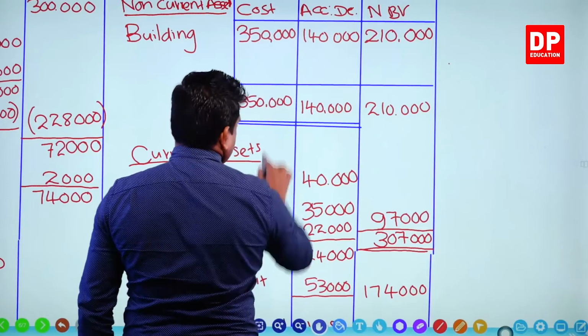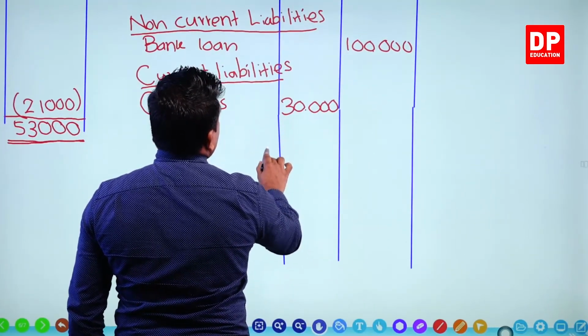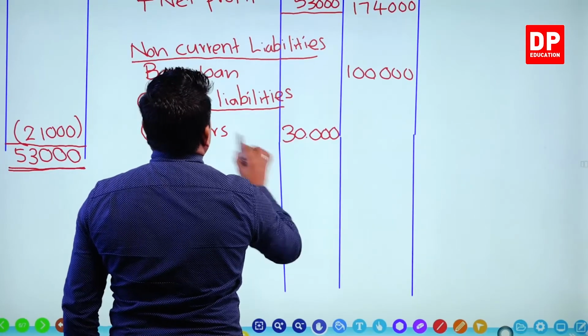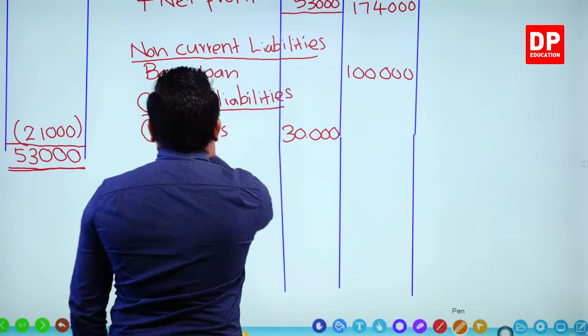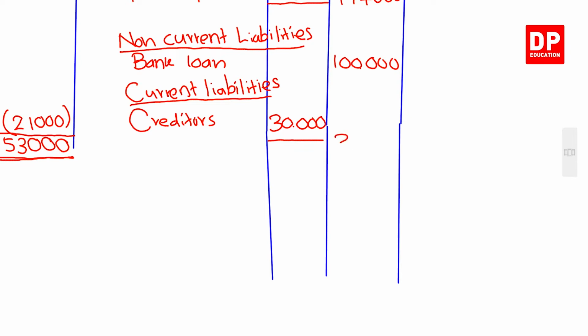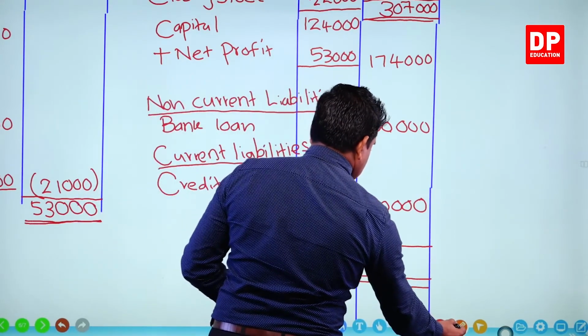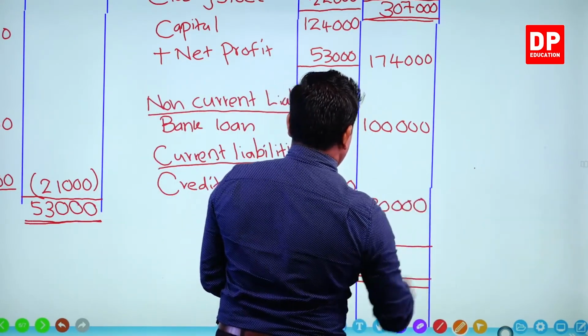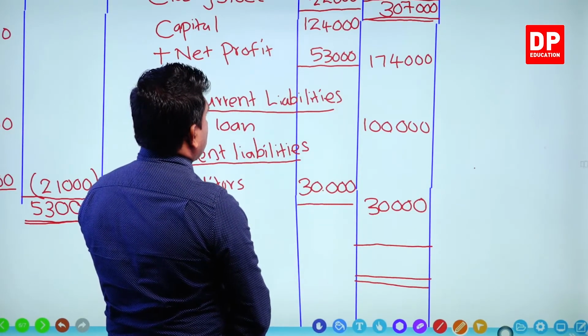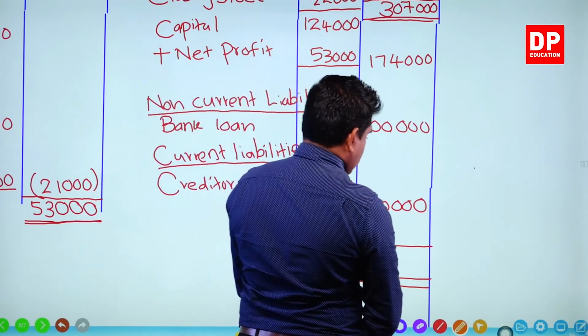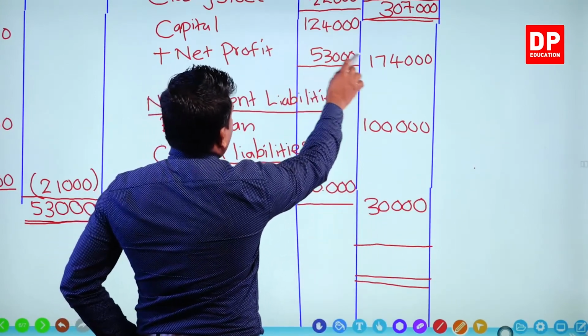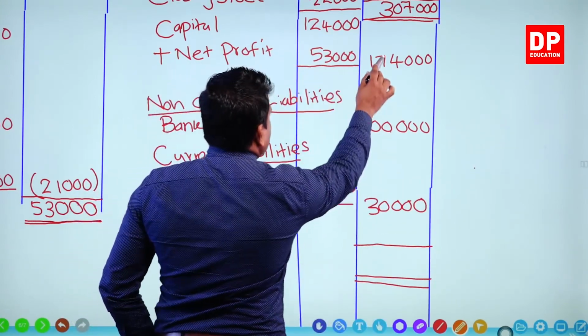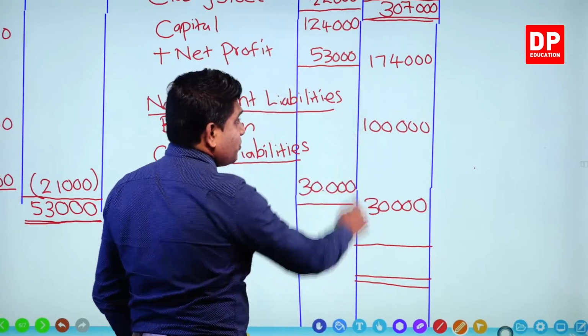Now we go to the next, liability and capital area, right? Only one we have under the current liability, 30,000. Now see the total. You can get the total of this side. Here 124,000 and 53,000. It should be 174 or 177? It should be 177, right?